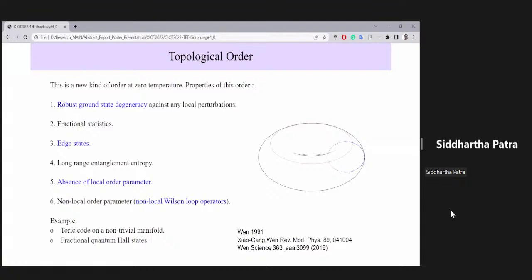It has gapless edge states, and long range entanglement entropy is also an important property of these phases. Unlike the Landau-Ginzburg-Wilson paradigm, these phases show a lack of local order parameter. Instead, they show non-local order parameters like Wilson loop operators, etc. Some examples of these phases are the toric code and fractional quantum Hall states.